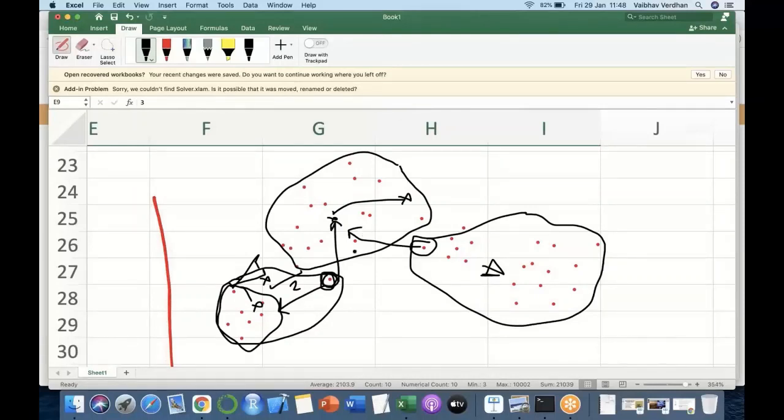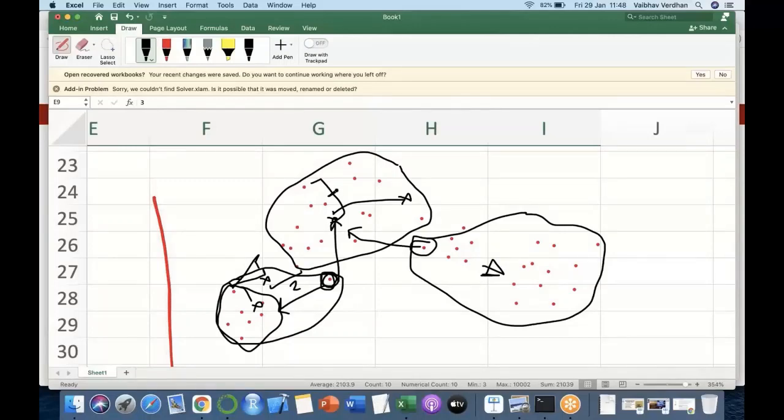Now over here, I said we would assign to the clusters based on what? There should be a parameter for that, right? The parameter is the distance. There can be multiple ways to measure that distance. The most famous way is Euclidean distance.